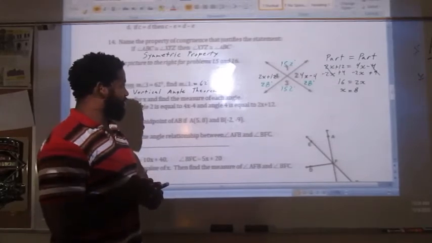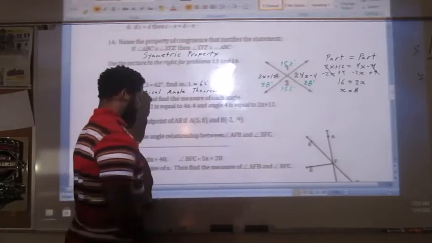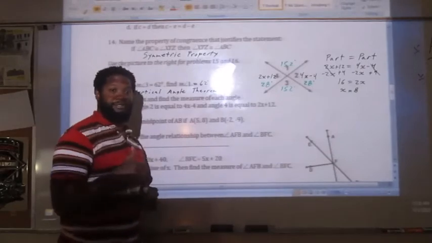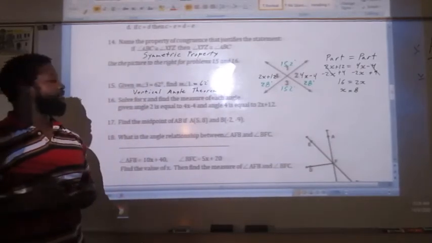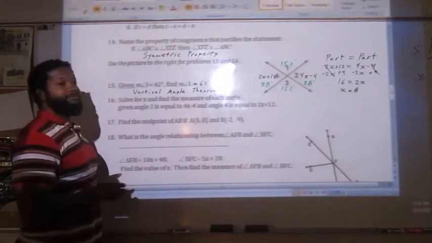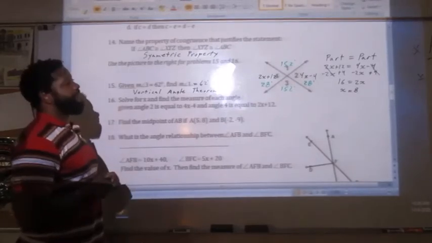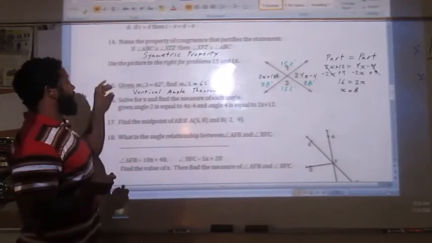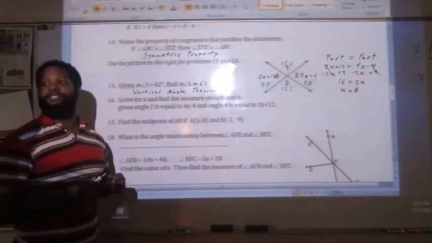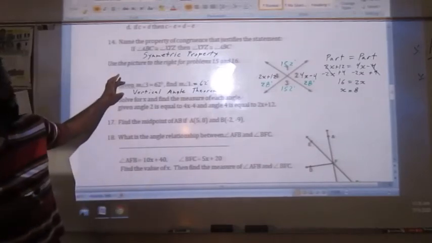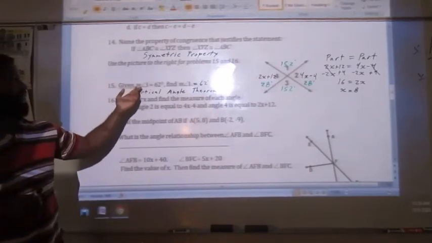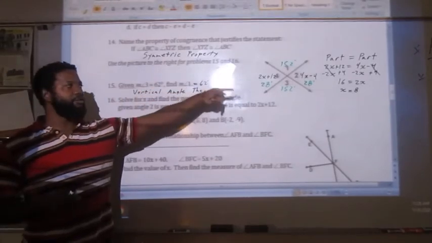All right? Everybody good? Wait, was that 16? Yes, this was 16. I thought that was 15. No, 15 was us just introducing the vertical angle theorem right there. If angle 3 is 62, then what is angle 1?